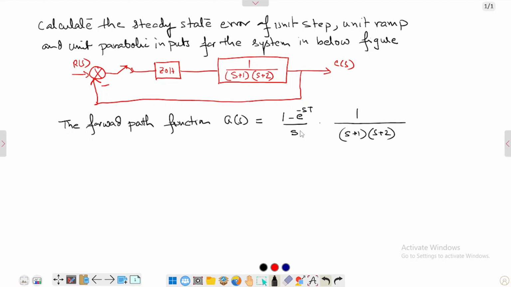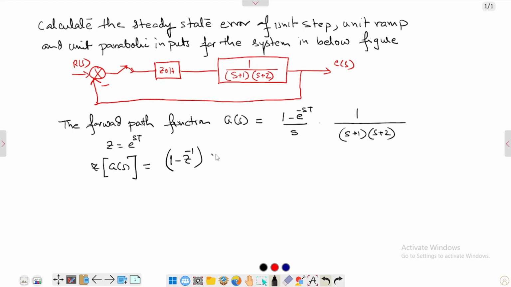Now we have to find the Z transform of both sides. And we know that e to the power sT is Z, so we say that Z equals e to the power sT. So the Z transform of my G(s), I can write down directly here as 1 minus Z inverse, which comes from here.